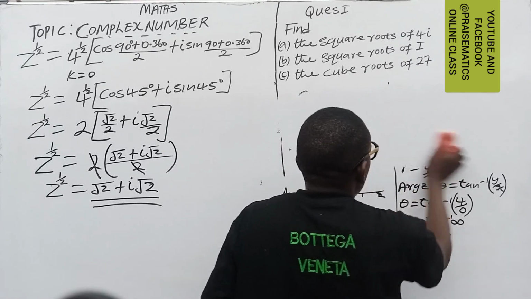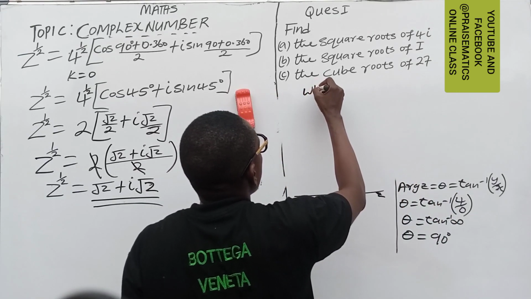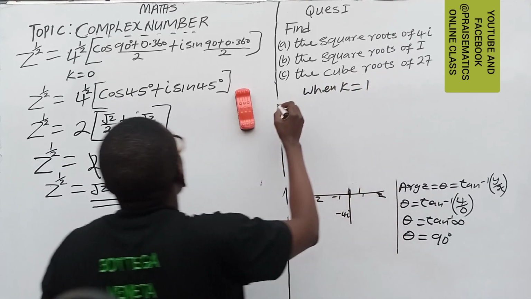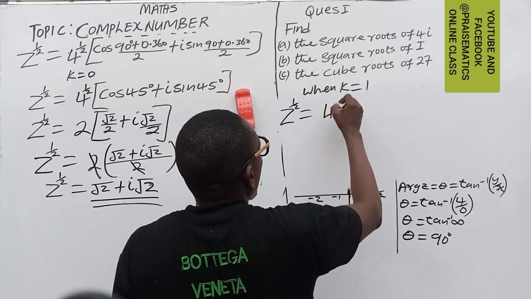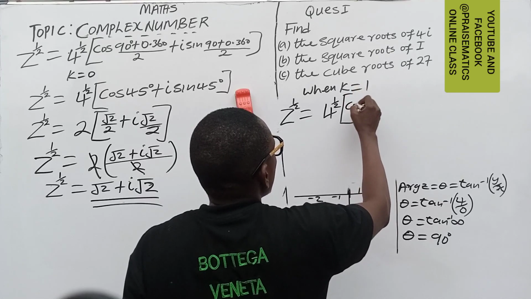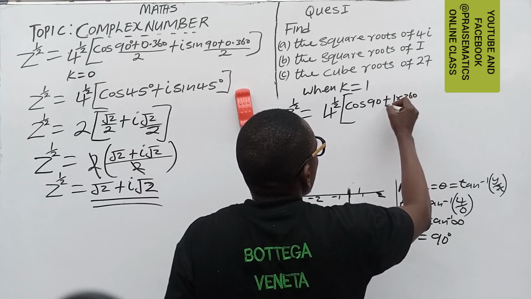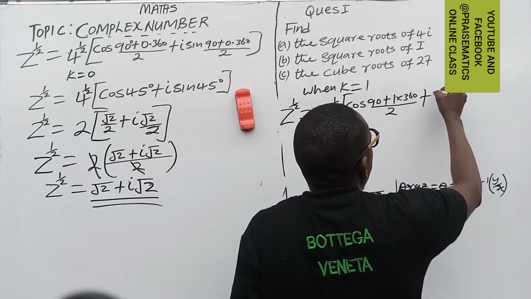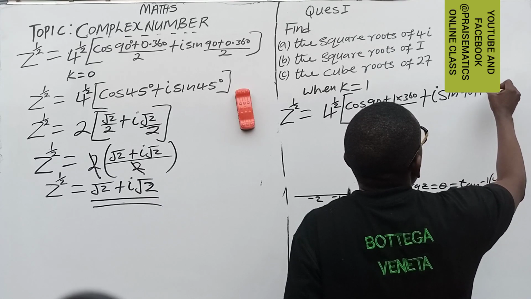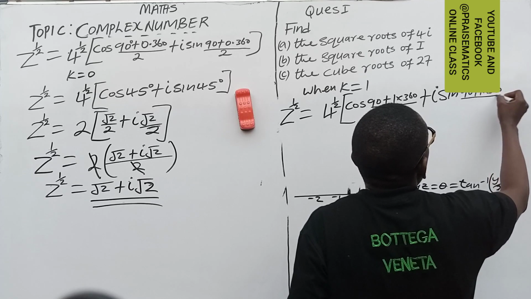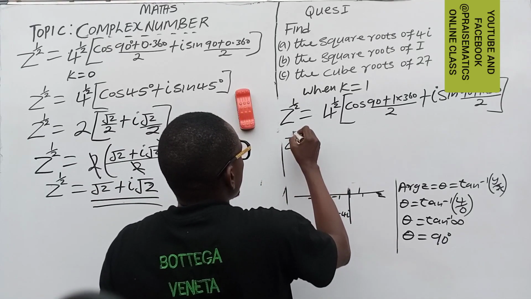Now let's look at when k equals 1. When k equals 1, we have that z to the power 1 over 2 is equal to 4 raised to power 1 over 2 into cos of 90 plus 1 times 360 all over 2, plus i sine of 90 plus 1 times 360 all over 2.